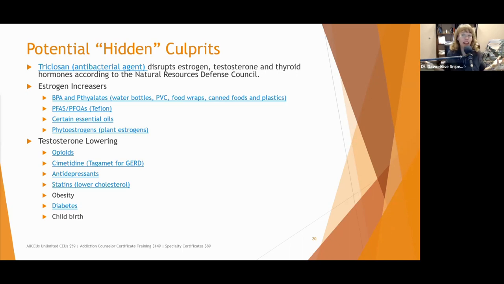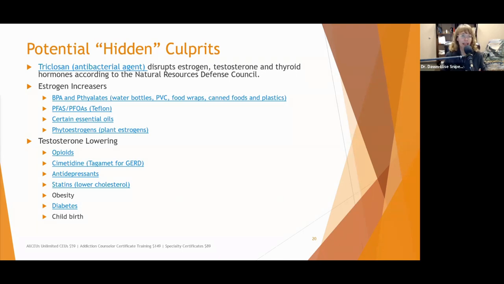Other things in the environment that may lower testosterone: opioids, we already talked about that. Tagamet, which is any of the medications pretty much that are prescribed for gastric esophageal reflux disease, can lower testosterone. Antidepressants can lower testosterone.